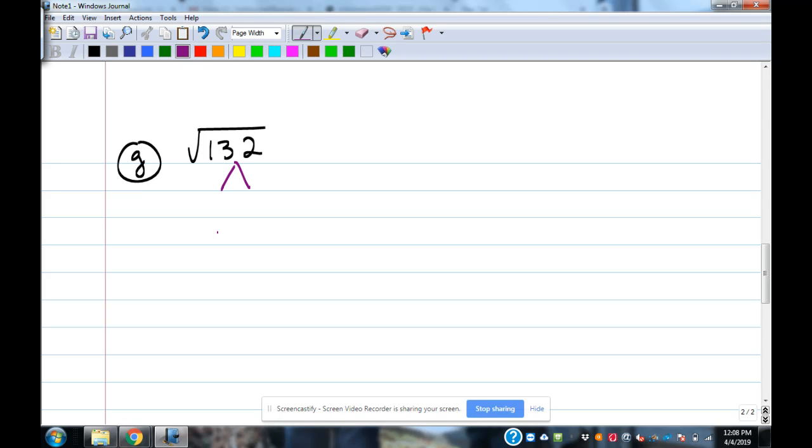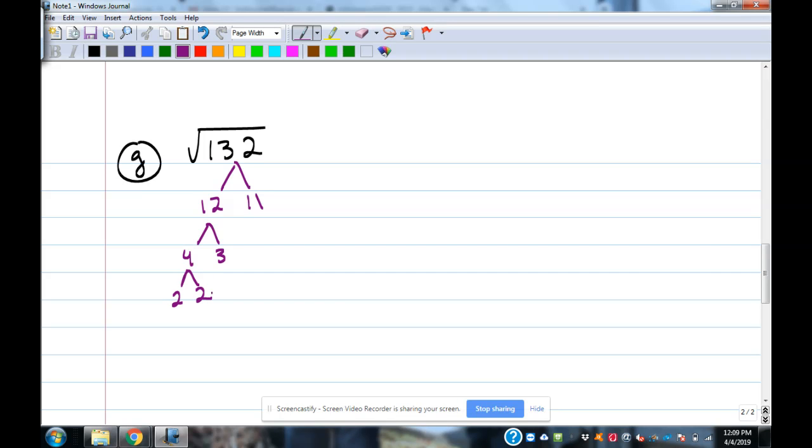And that's going to make our factor tree go a little faster than if we had used 2 or used 4 or used 8 because they're bigger numbers. So we got 12 and 11. What do we know about 11? It's prime, so we don't have to do anything else to the 11. And 12 we know quite a bit about. 4 and 3 or 6 and 2, whichever way you want to do that.